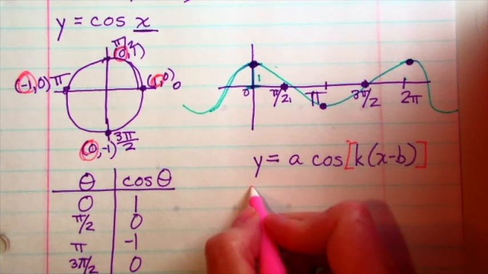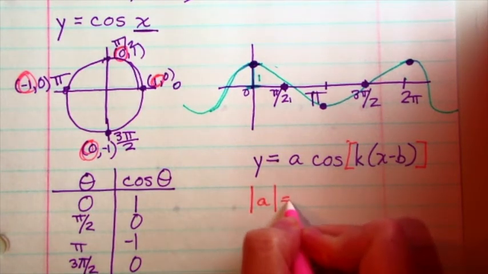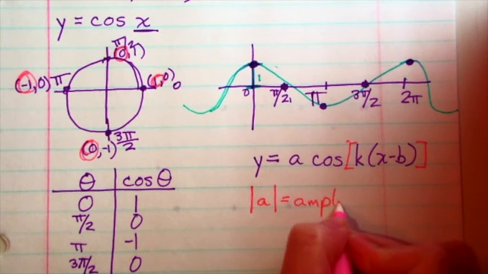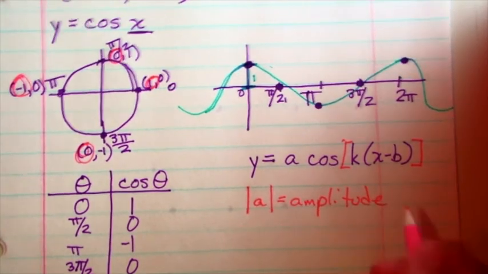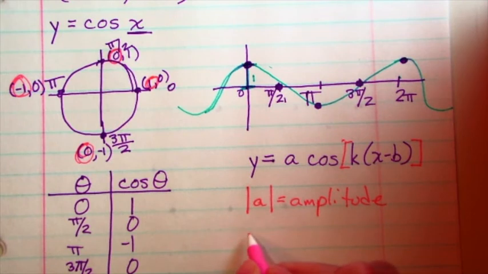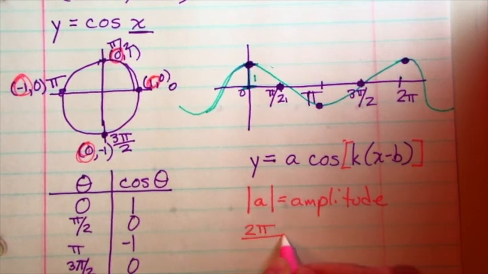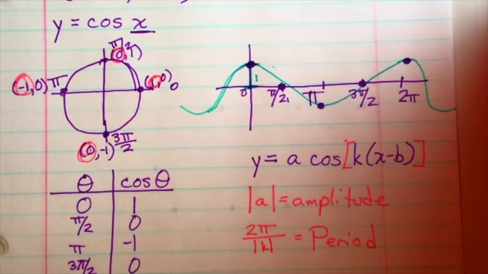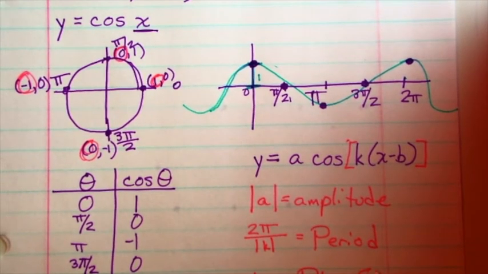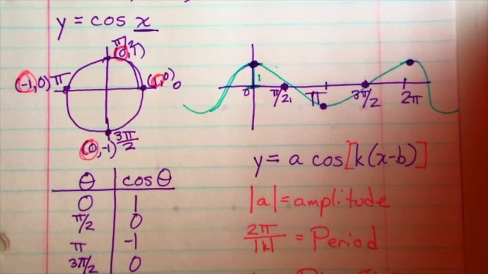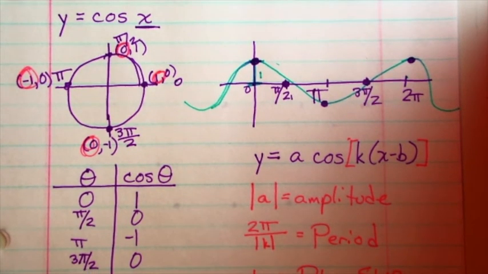Again, the absolute value of A is the amplitude. 2 pi over the absolute value of k is the period. And b is the phase shift, or the horizontal shift. So let's try one of these.